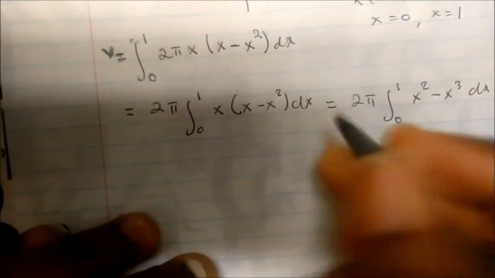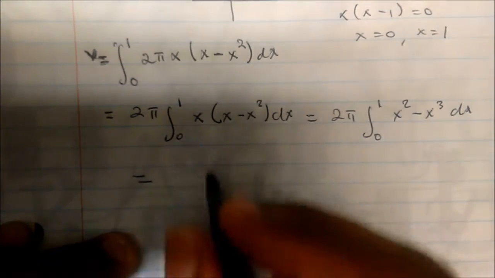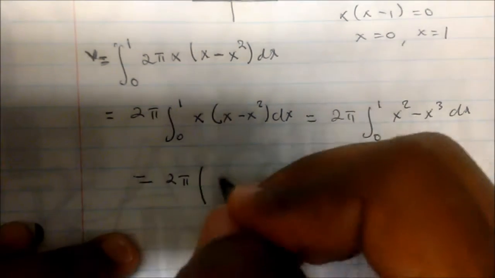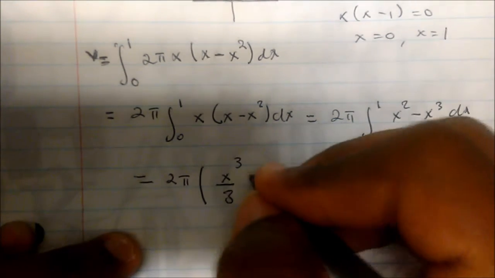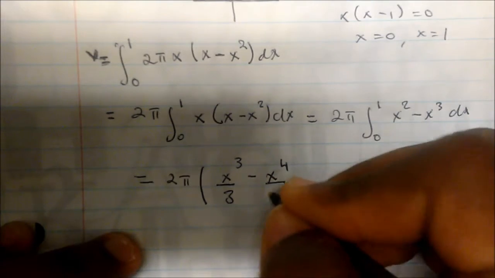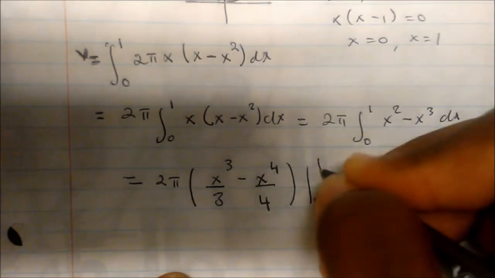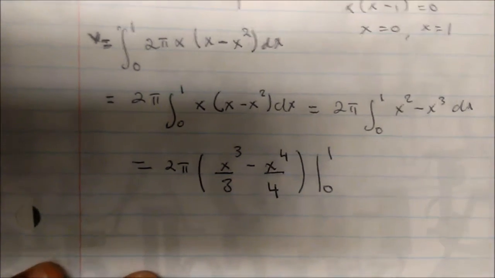Okay, now the integration becomes very easy from there. We know this is 2 pi multiplied by x cubed over 3 minus x to the 4th over 4. Okay, and this is all integrated from 0 to 1. Now this simply becomes a matter of plugging in.